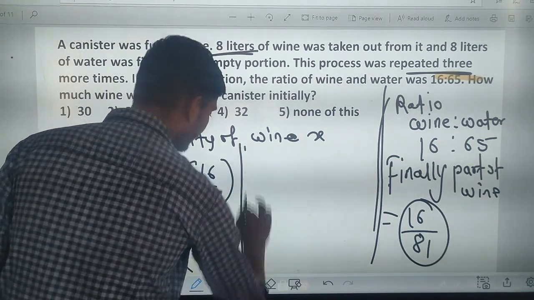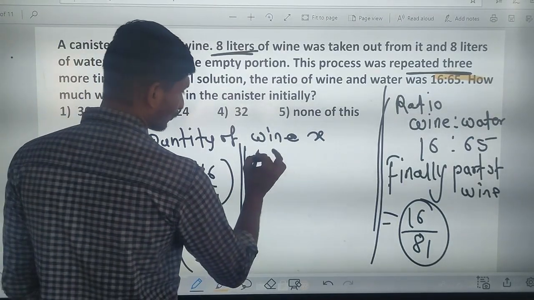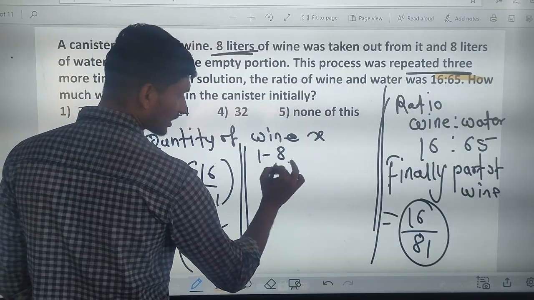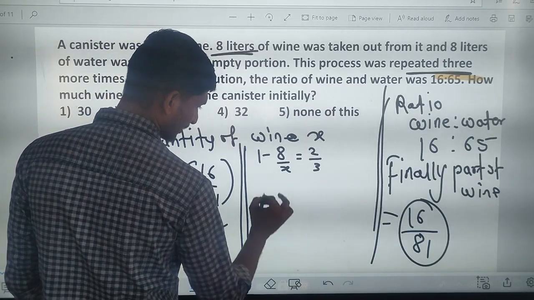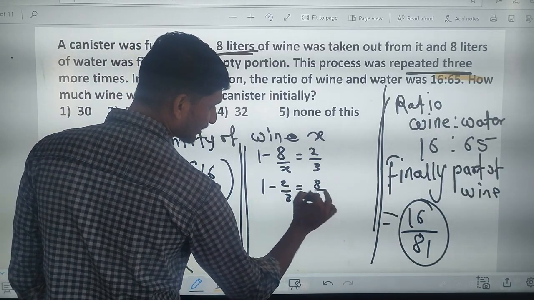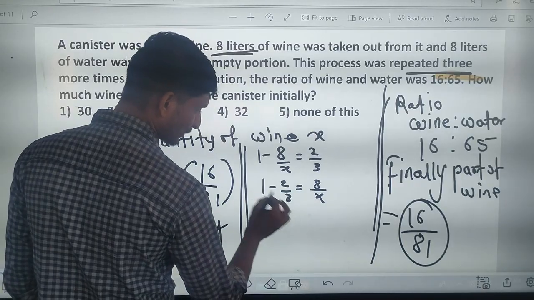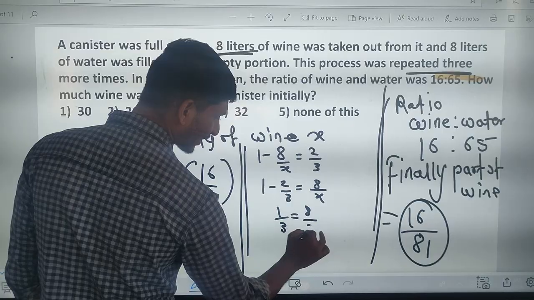Now we solve here. The 4 gets cancelled. 1 minus 8 upon x is equal to 2 by 3. Then 1 minus 2 by 3 is equal to 8 divided by x. Now cross multiplication. 1 by 3 is equal to 8 upon x.